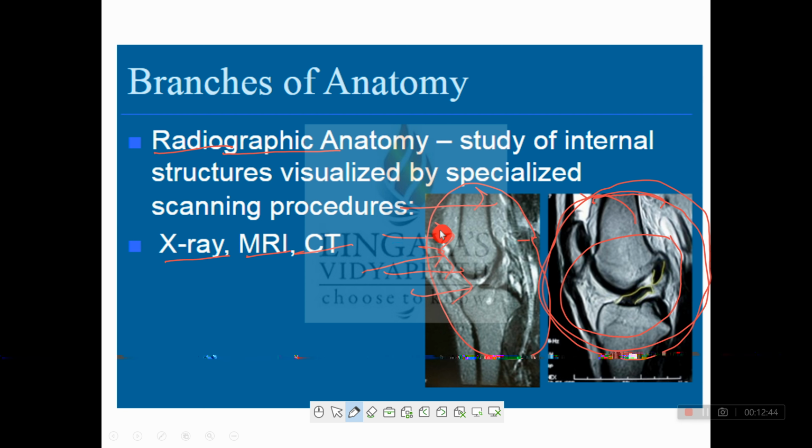So the study of internal structures visualized by special scanning procedures is known as radiographic anatomy.